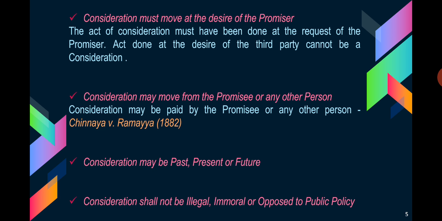If the consideration is illegal, or immoral, or opposed to public policy, the agreement will become void and it will not be considered valid consideration. For example, an agreement to destroy somebody's property is void and cannot be enforced, because to destroy somebody's house or car is illegal in India.